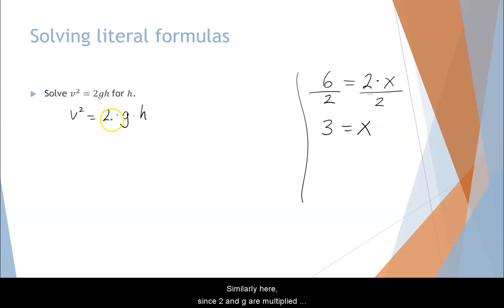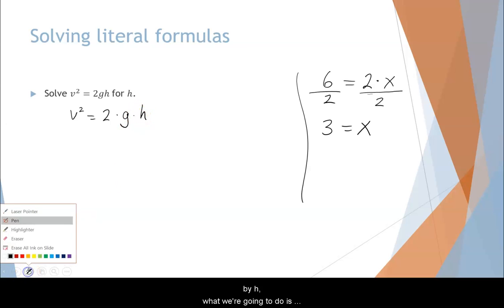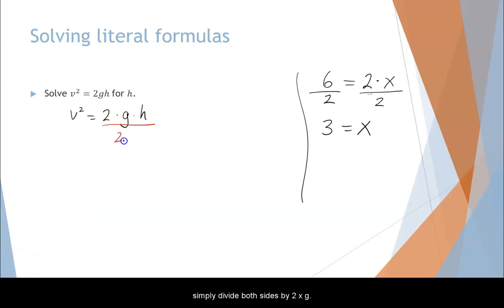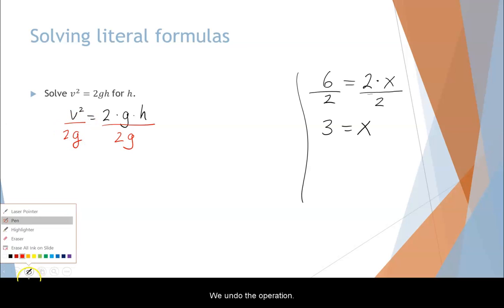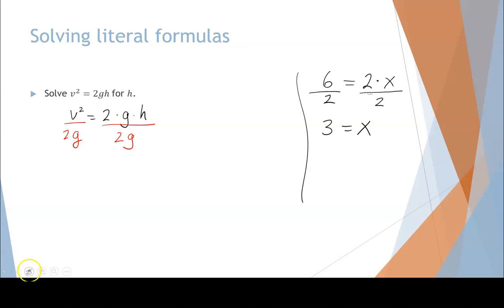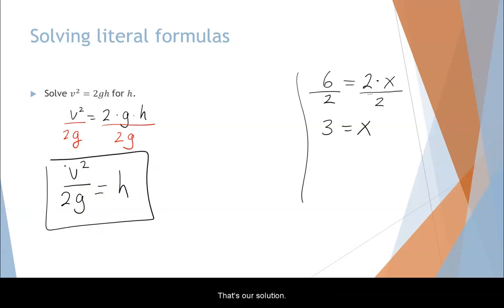Similarly, here, since 2 and g are multiplied by h, we simply divide both sides by 2 times g. We undo the operation. We end up with v squared over 2g equals h. That's our solution. Let's look at another problem.